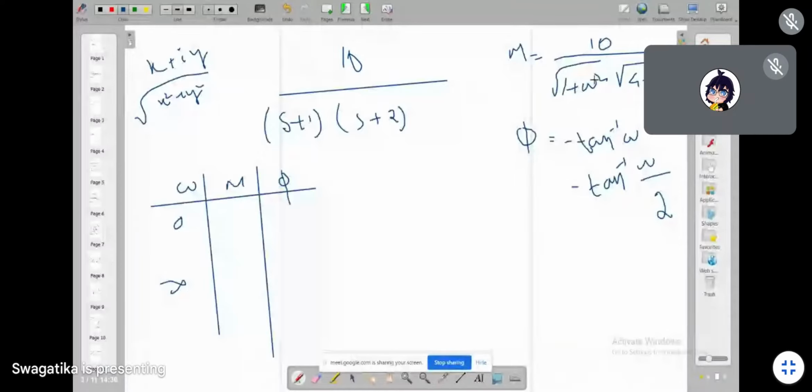So root over of 1 into root over of 4, 10 divided by 2. Magnitude will be 5, and phase will be, omega equals to 0. Here you have to put omega equals to 0.